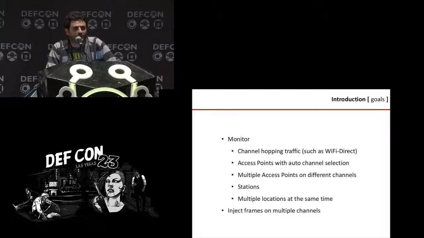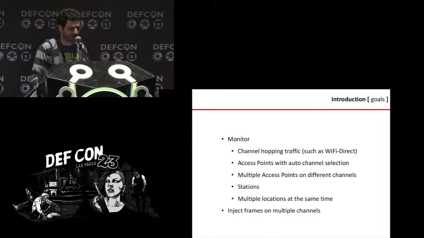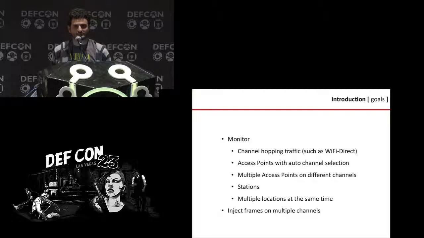So we defined the goals of our project and our talk. Monitor channel hopping traffic, such as Wi-Fi Direct. Monitor access points with automatic channel selection; there are access points that change the channel in which they are working according to how much traffic there is or other parameters.